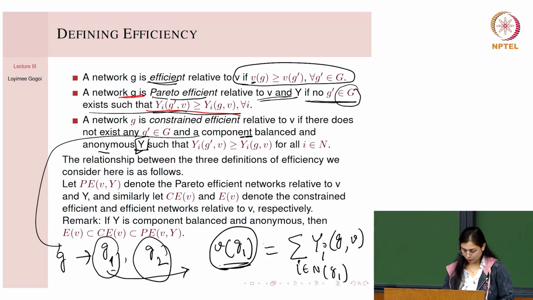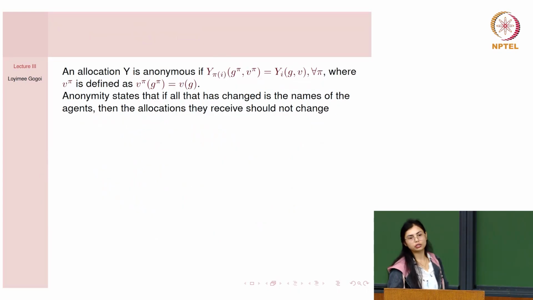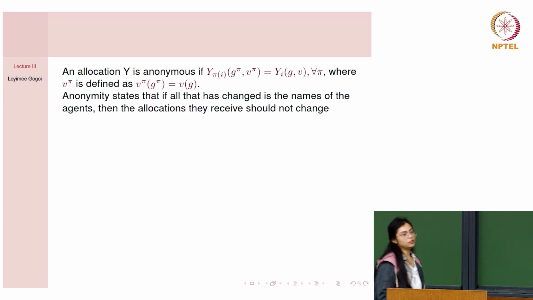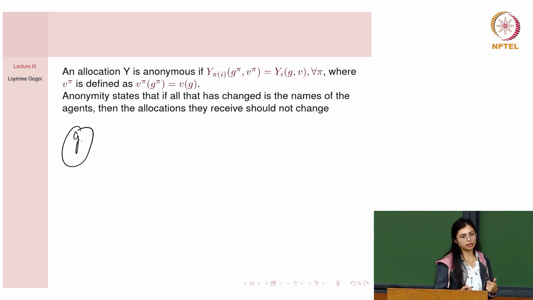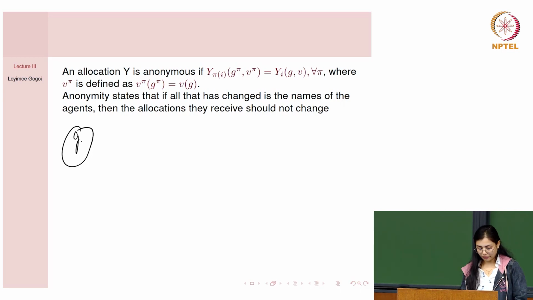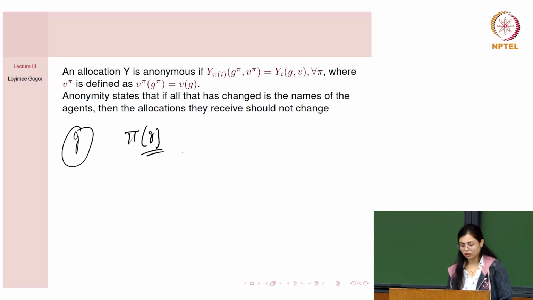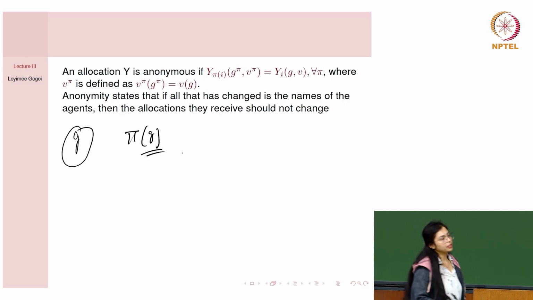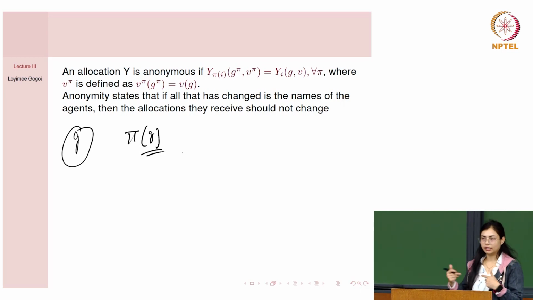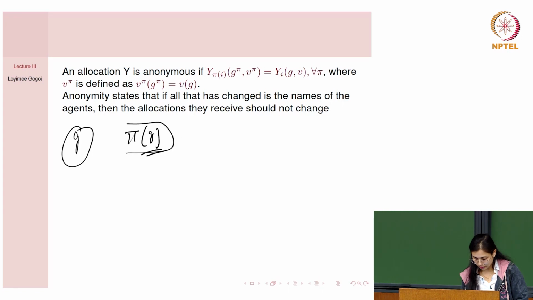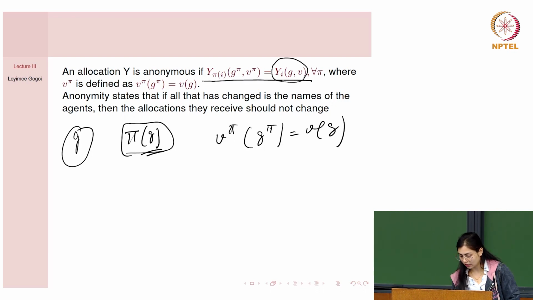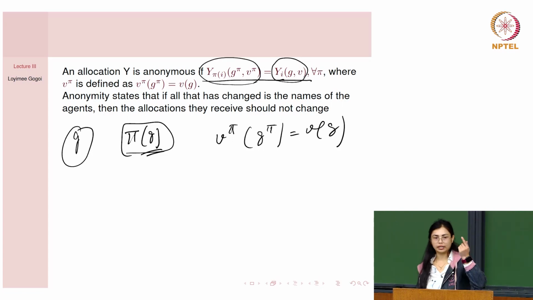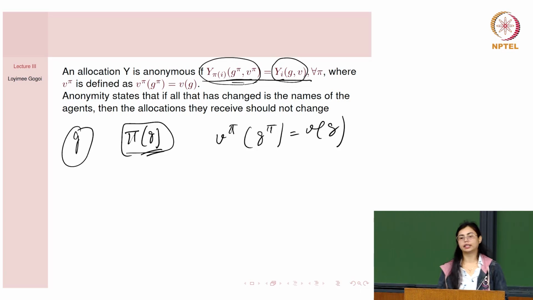This is the definition of component balance. The next definition is anonymity. Suppose I have a graph Z and a permutation, where we label the players in a different way. The graph structure will be the same, only the labeling is different. Under permutation, the allocation rule for player i in the game G and V should equal the allocation for the permuted player i in the game G prime and V prime.